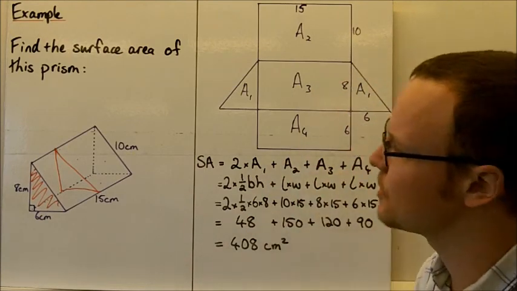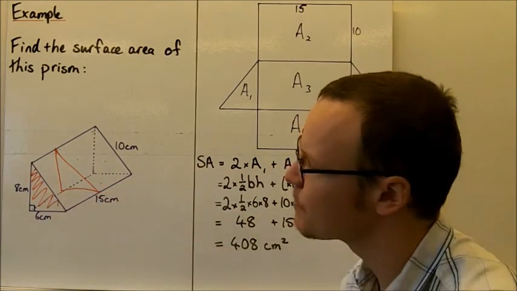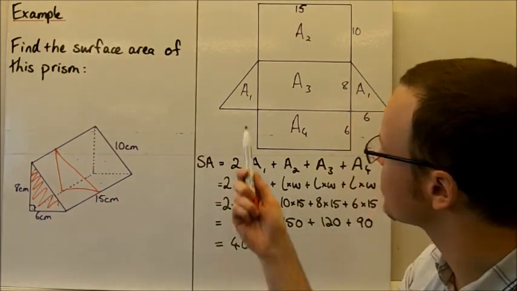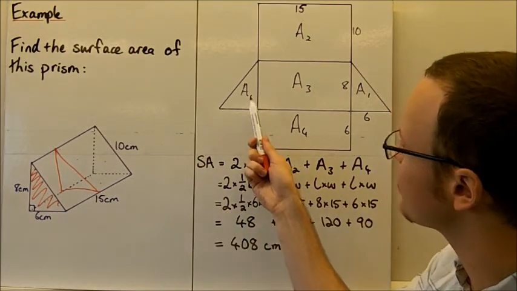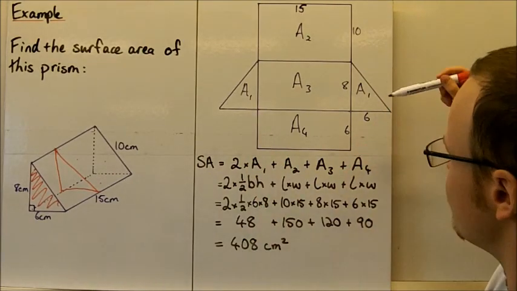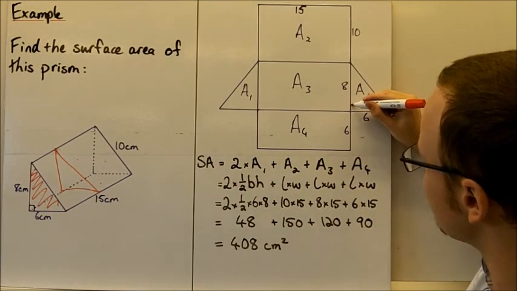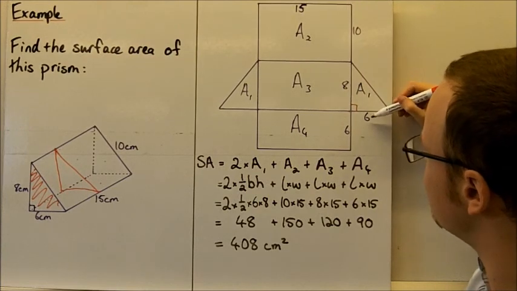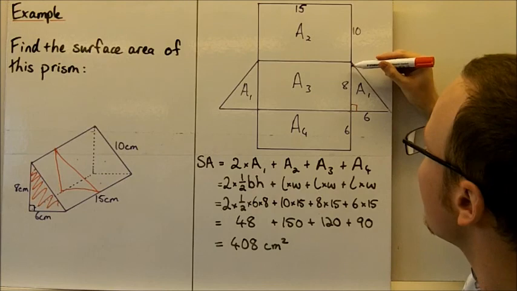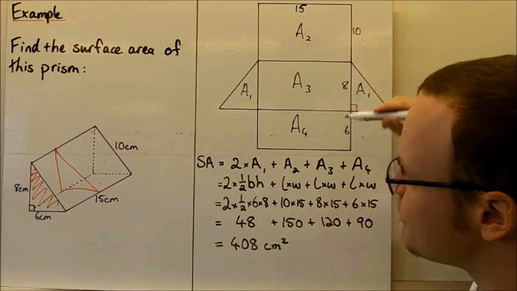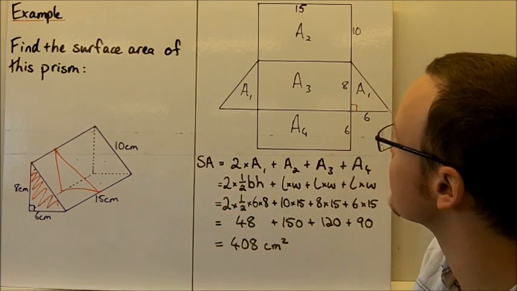And we've got the front and back, which are both triangles. The front and back are going to be the same area, so I've marked them as A1. That's a right angle triangle with a base of 6 centimetres and a height of 8 centimetres.